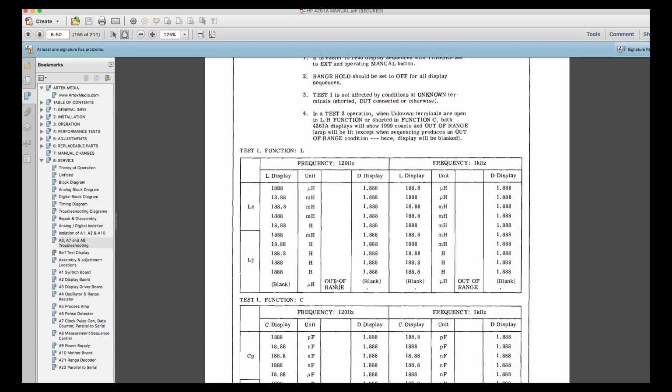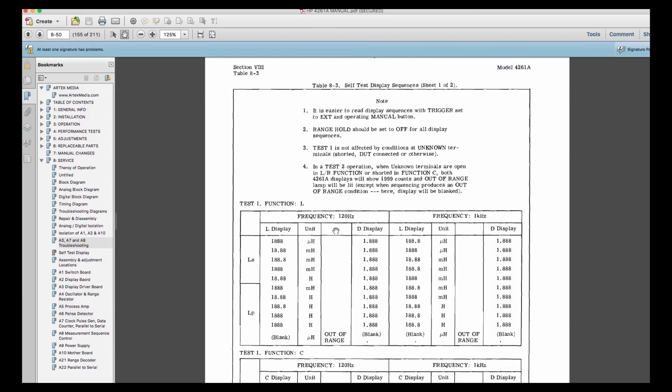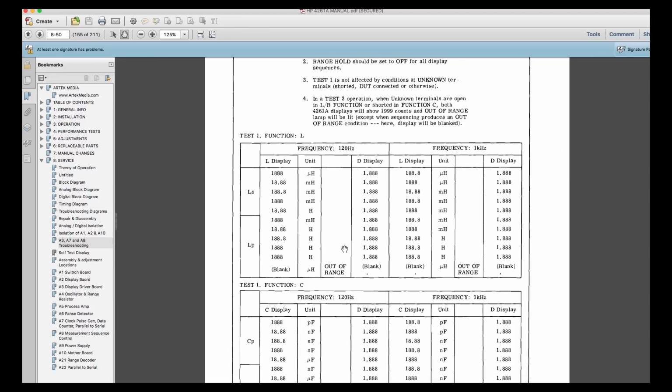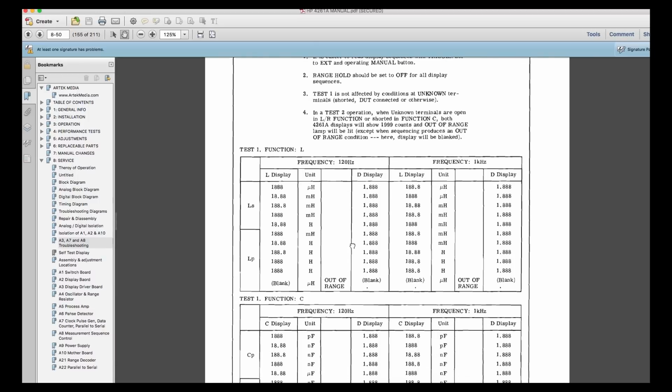Right, so I'm looking at this manual here for the next stage of testing. So this is section 8.3. Just trying to go through various bits. Now, when I did the original testing, I observed that in the inductance range, I was getting what I thought was an error reading. But if you look at the chart here, as I've just found this chart, I didn't see this before. This is for test 1.